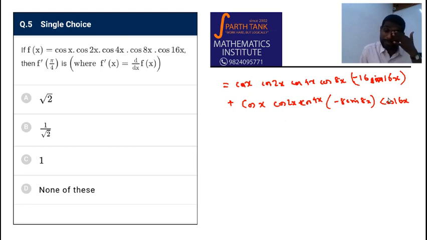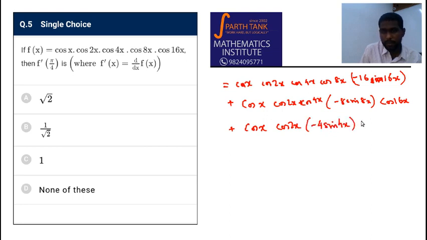I am telling you this is a bit lengthy. I'll show you this method as well as another easy method to do this. Then the third term, you keep everything constant except differentiate this term. Okay, so cos 8x and cos 16x remain. The fourth term will be differentiate this, keep everything else constant.